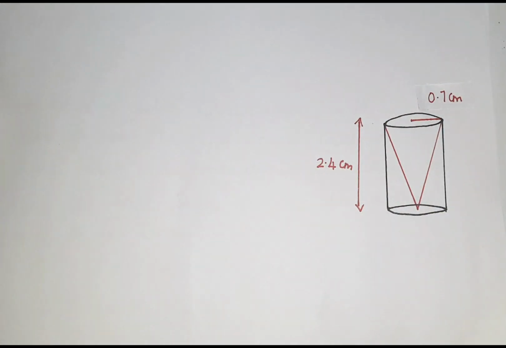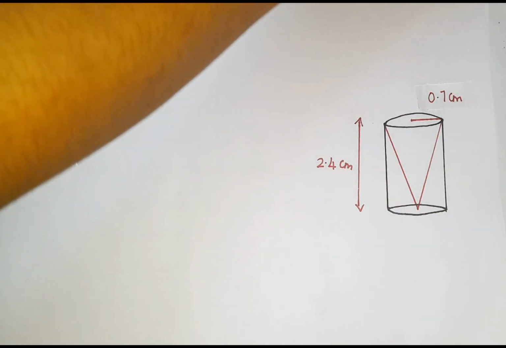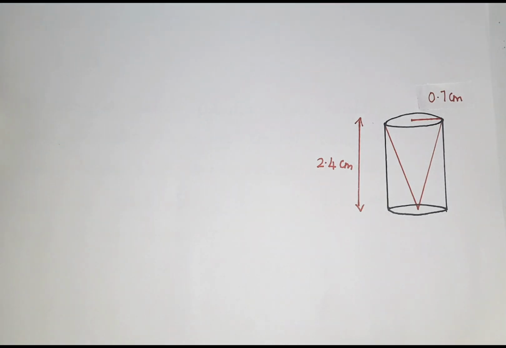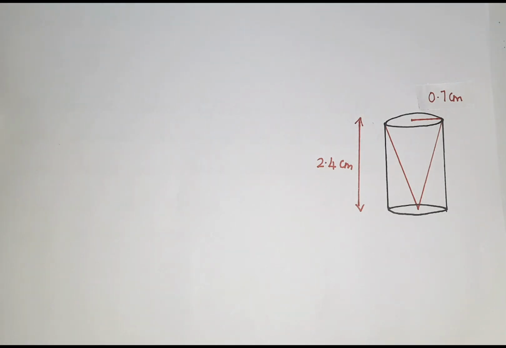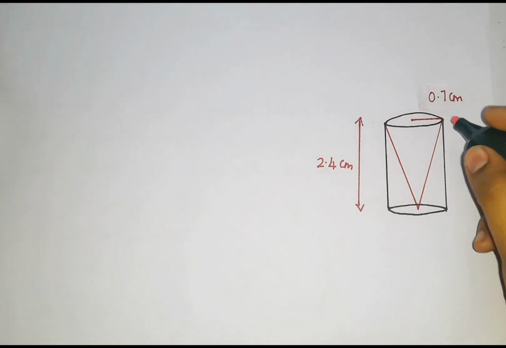Okay, so how to find it? Since you guys know, whether we are supposed to use total surface area or curved surface area, we are going to be checking whether we can paint this figure or not. So how will you paint it? If I tell you guys to paint it, then you will paint the outer portion.